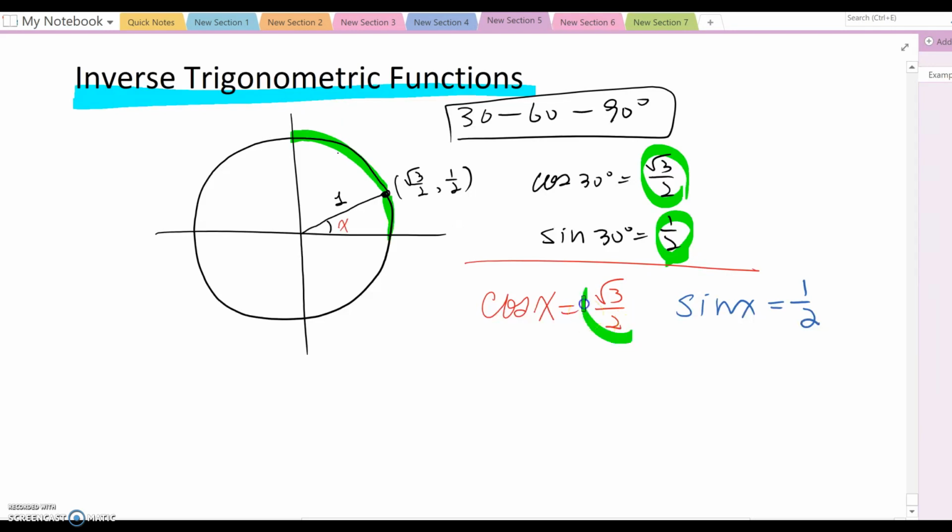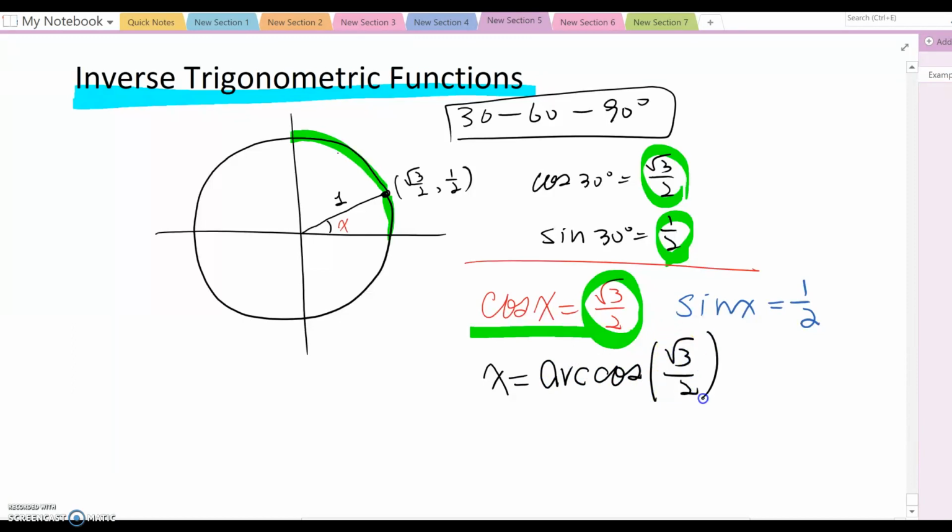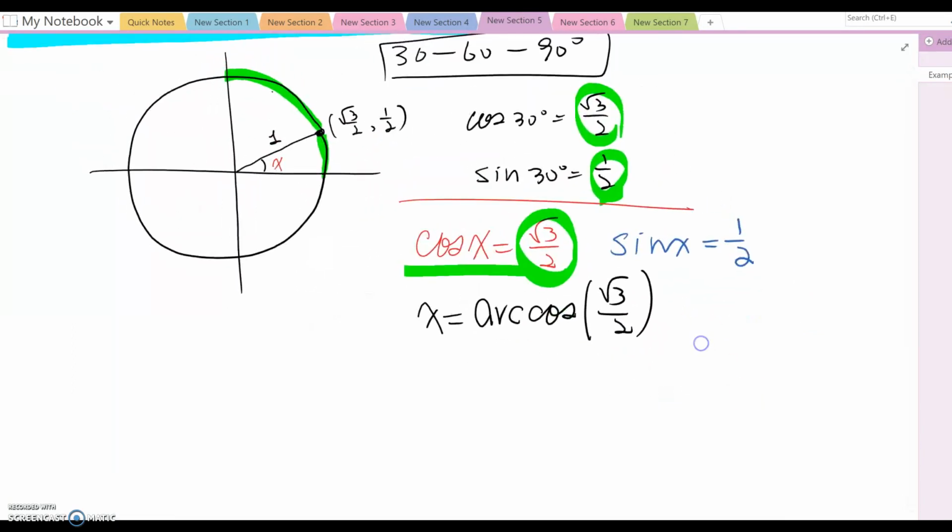Since we know the arc value, we can rewrite this based on arc. Therefore, for inverse trigonometry, we can write x equals arc cosine of root 3 over 2 in this case. Okay, what does that mean?